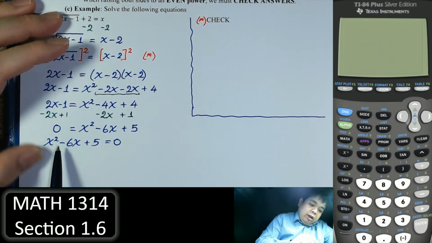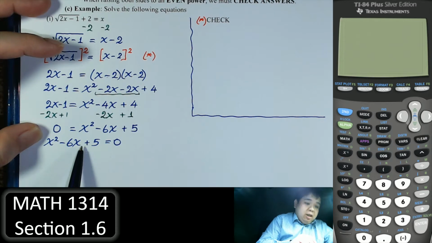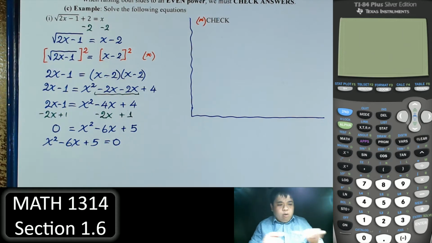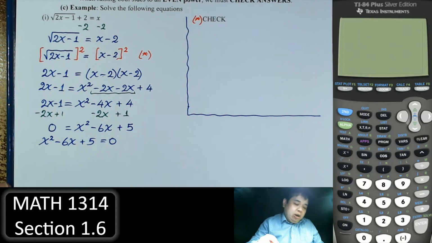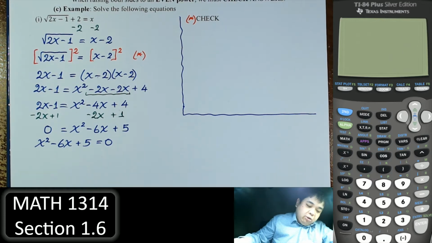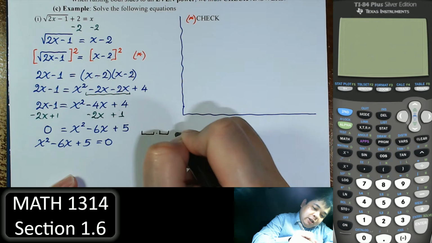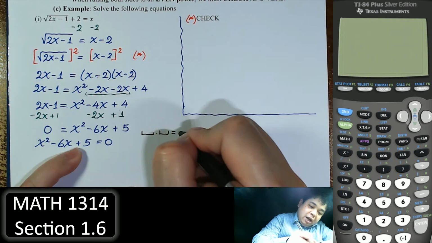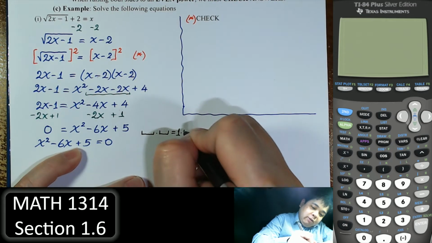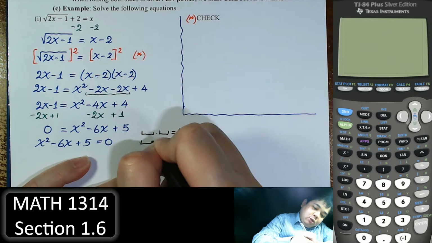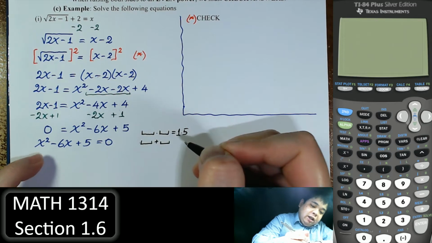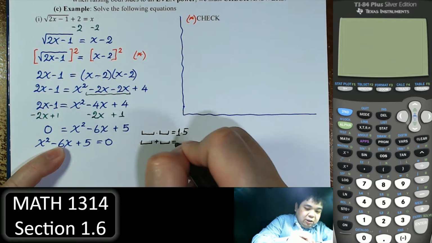Right. Next, for this equation, we can use quadratic formula, completing the square or factoring. This one, let's try factoring. So try to find two numbers that multiply together to equal the first times the last, 1 times 5, and that add up together to equal the middle number.